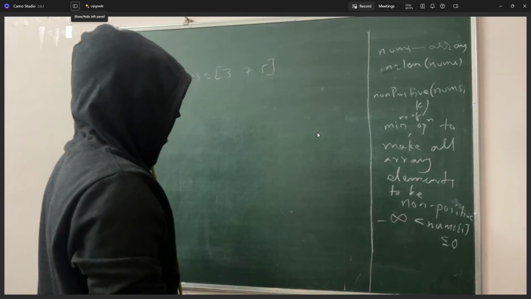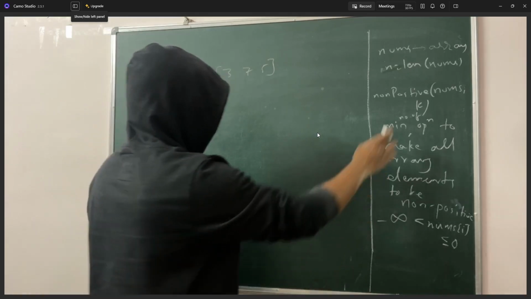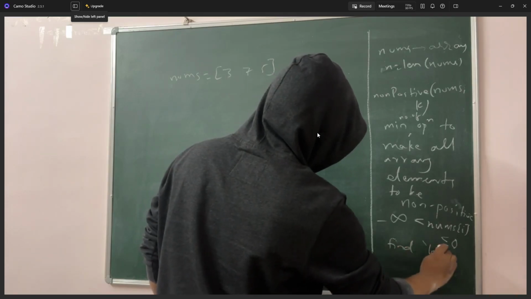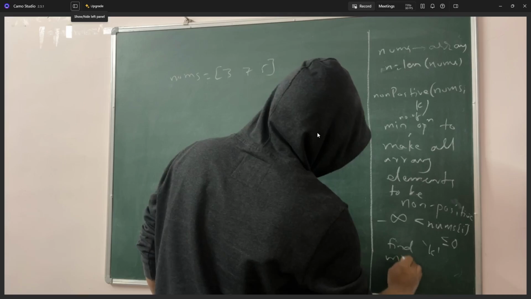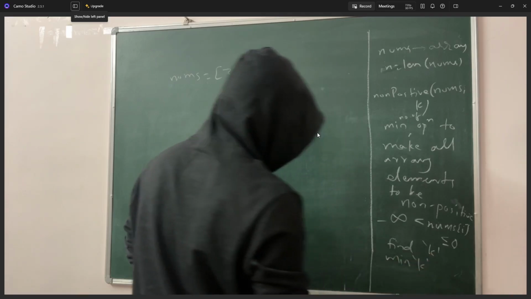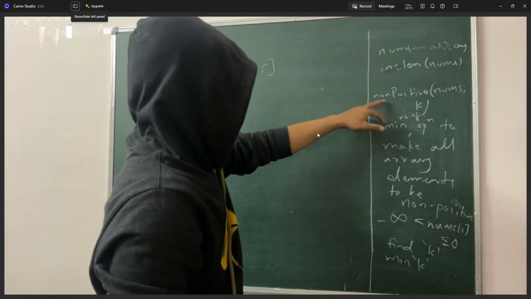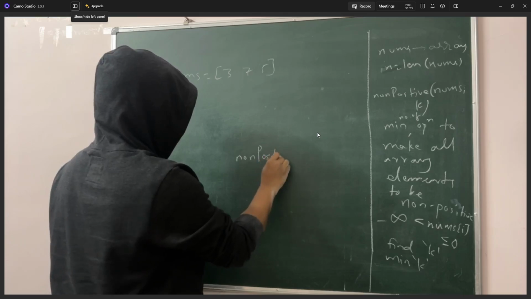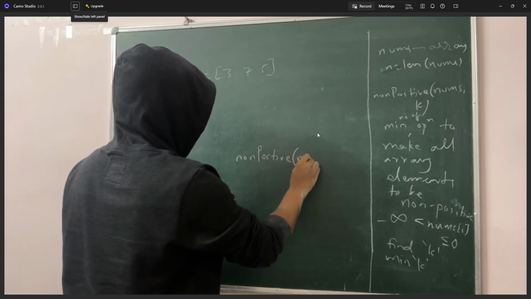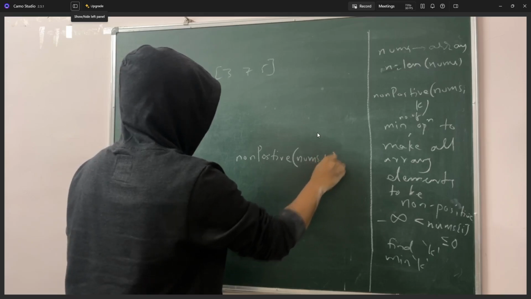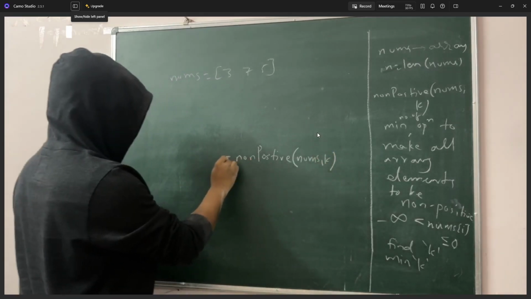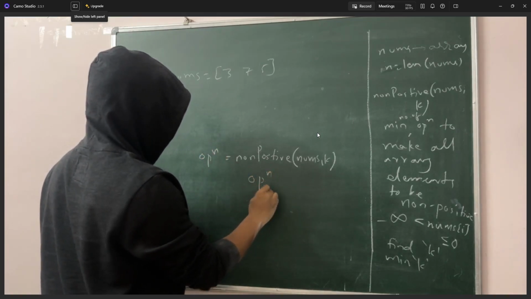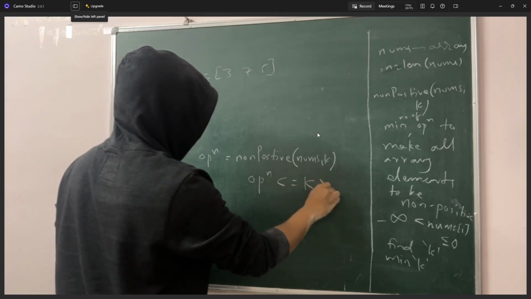In the question, we have to find this k, the minimum k, in such a way that the number of operations, nonPositive of nums comma k, let me call this operations, should be less than or equal to k times k.